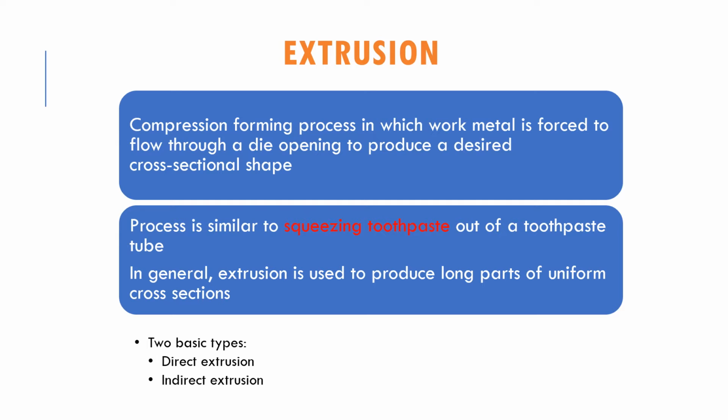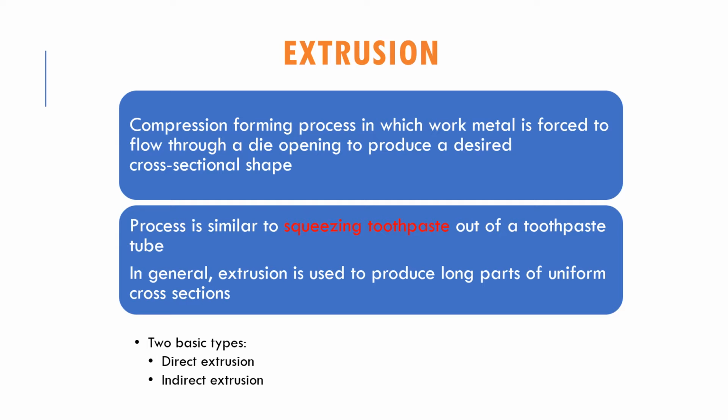When you have an opening, you squeeze out the material to come out through that opening. In general, extrusion is used to produce long parts of uniform cross section, meaning that the part has a certain design, but it has to be uniform cross section throughout the length.